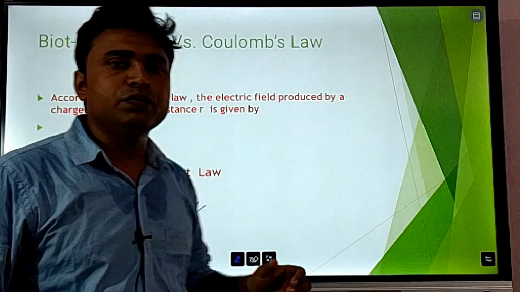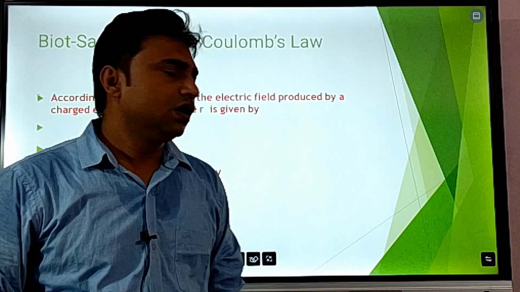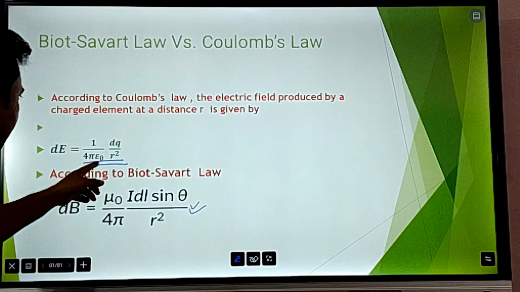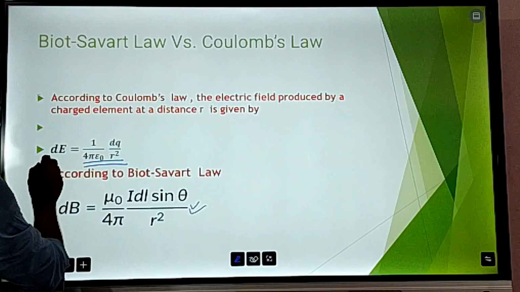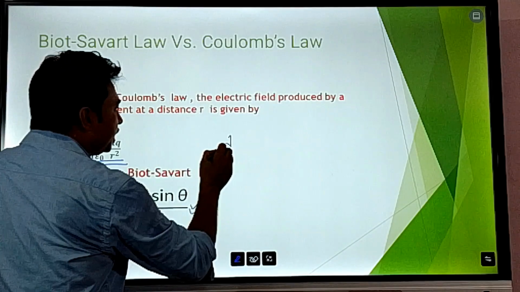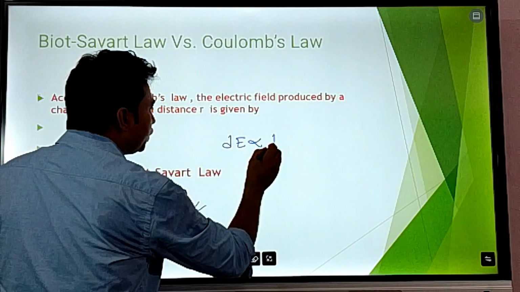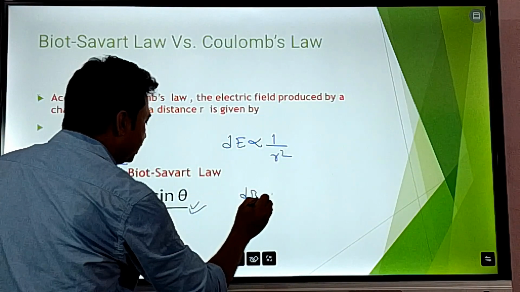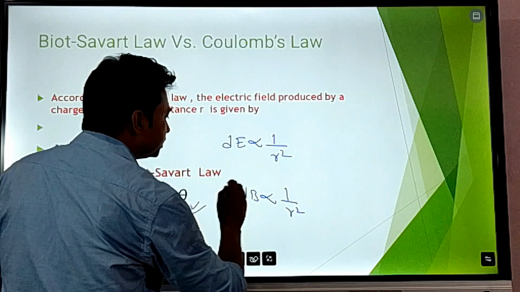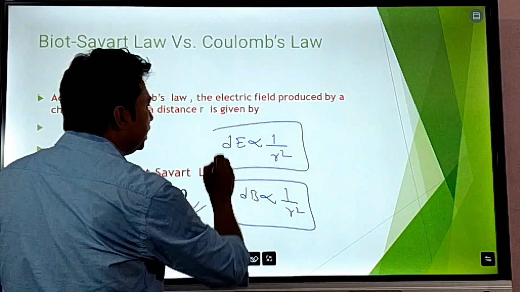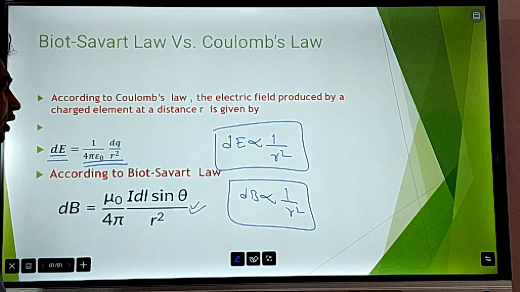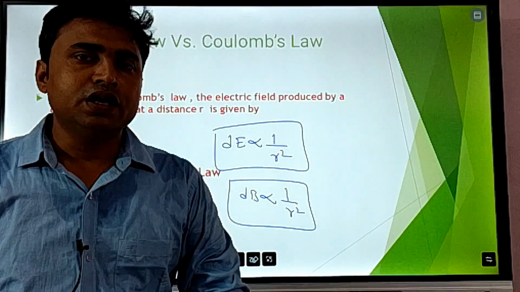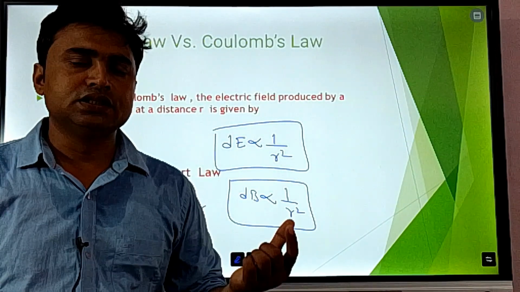What is the similarity between both these equations? Here E is inversely proportional to r squared, and here also dB is inversely proportional to r squared. In both cases, electric field and magnetic field have an inverse relation with the distance.